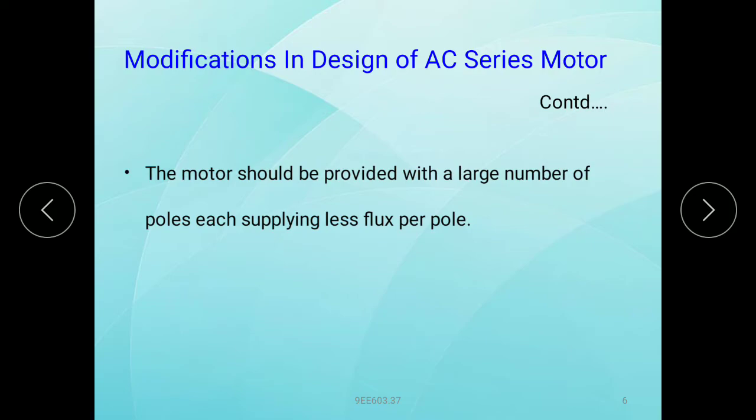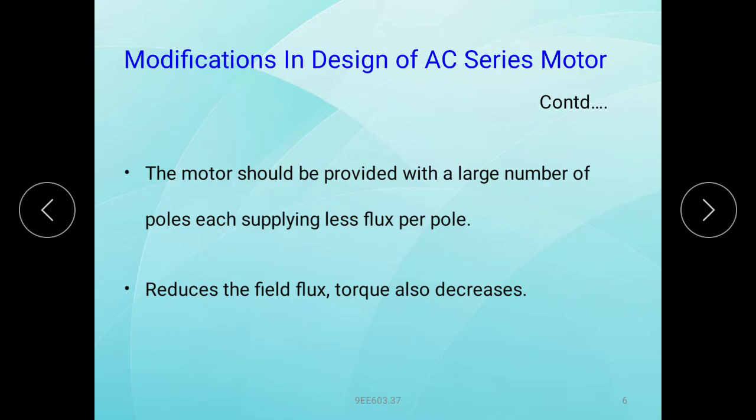Now the motor should be provided with a large number of poles, each pole supplying less flux.